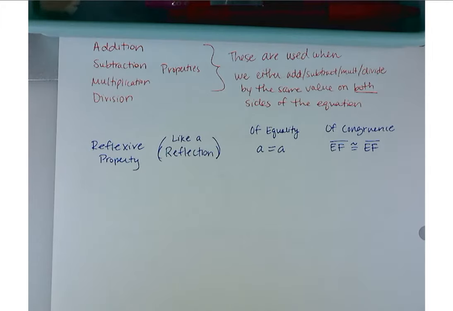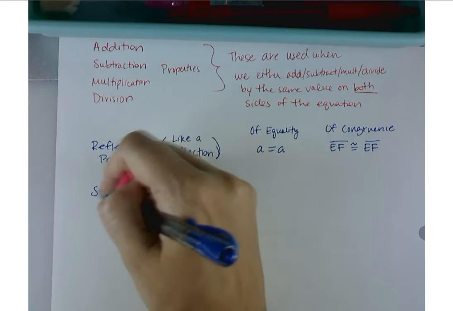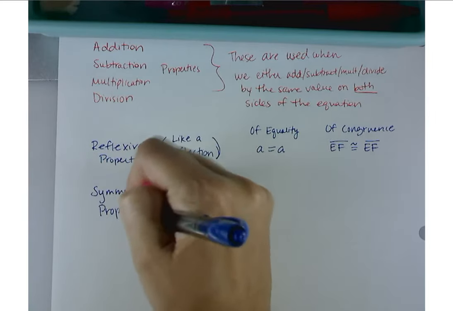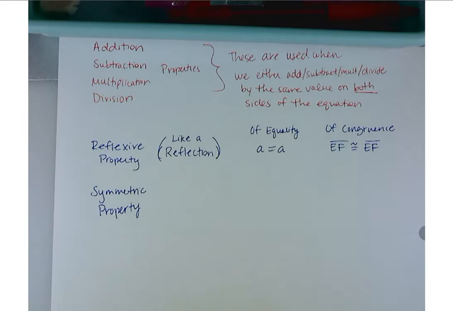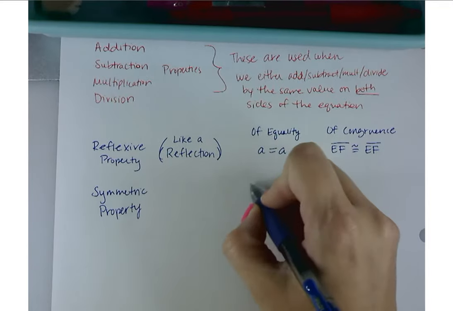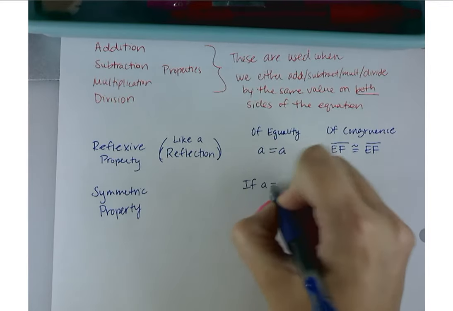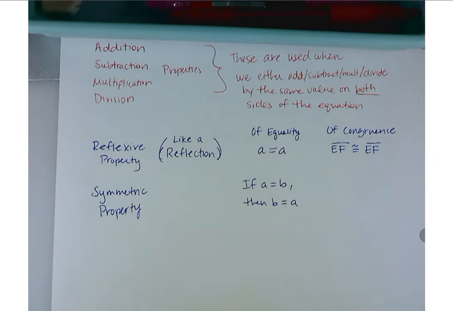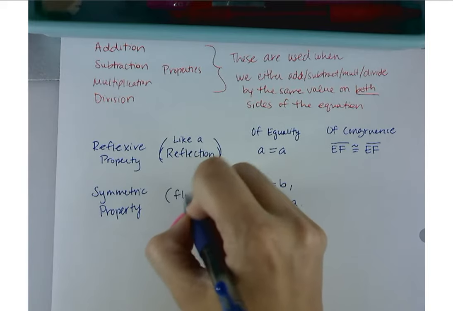The next one is called the symmetric property. And when something is symmetric, what happens is they switch places. So they'll be the same values but in a different order. So for equality, you could see if A equals B, then B equals A. Okay, so you can think of that like a flip.